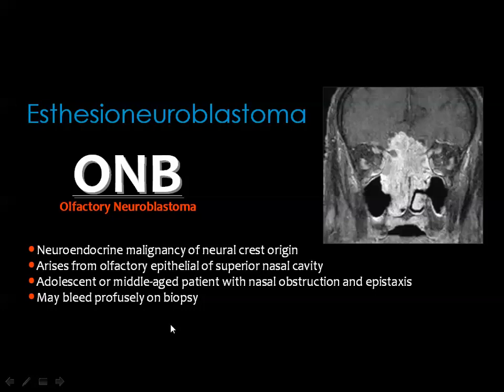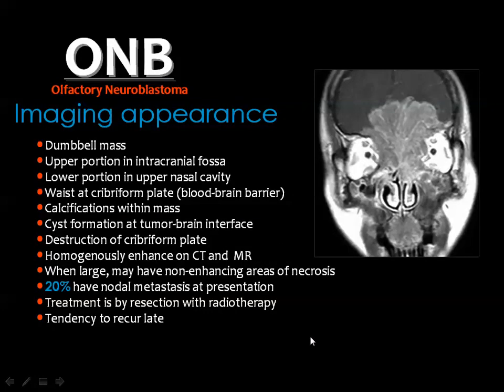And this is one of the well-known tumors of the skull base or the anterior skull base, which is known as the olfactory neuroblastoma or esthesioneuroblastoma. It is a neuroendocrine malignancy of the neural crest, and it arises from the olfactory epithelium of the superior nasal cavity. It affects adolescents and middle-aged patients presenting with nasal obstruction and epistaxis. And this tumor is hypervascular and may bleed significantly during biopsy.